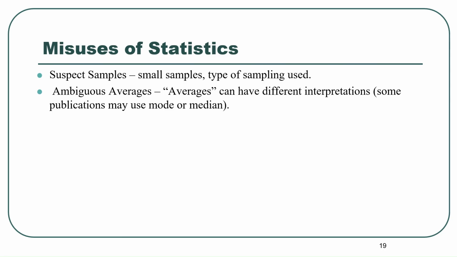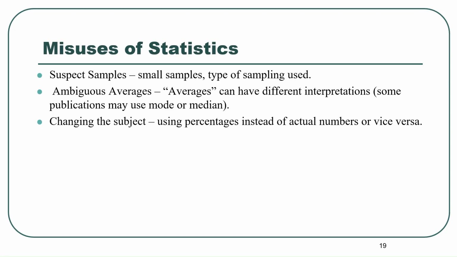And some could use that and choose the measure which will make the result look better, rather than the one which should have been used. So just make sure when you read averages, what does that average mean? Is it median, mode, mean, or even mid-range? You need to check it.